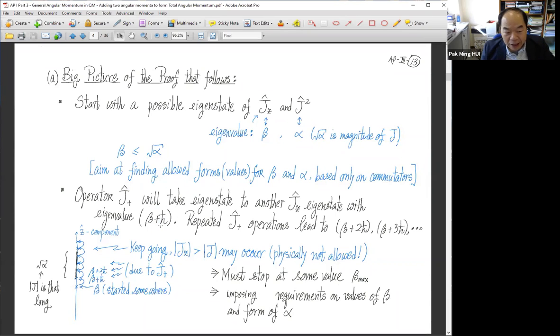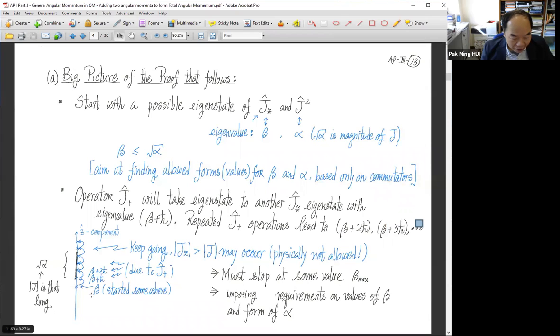That is to say, it will take one Jz eigenstate with beta eigenvalue to a higher one with beta plus h bar, and do it again to another one with plus 2h bar, and do it again, plus 3h bar, and so on.